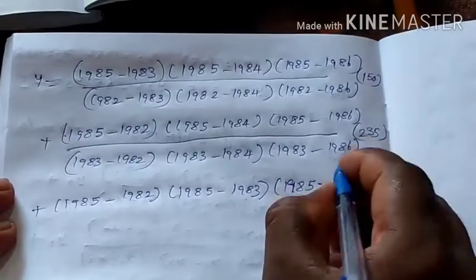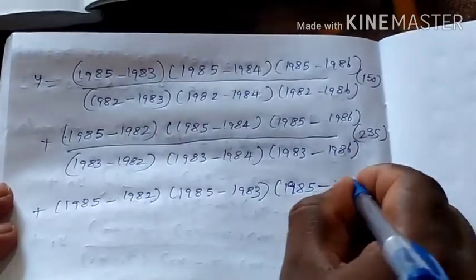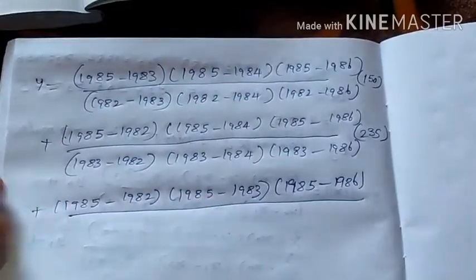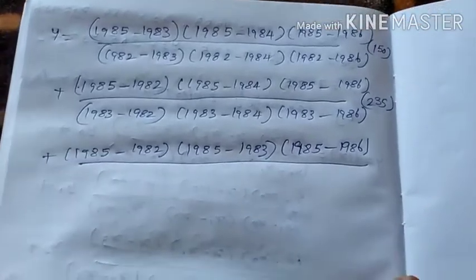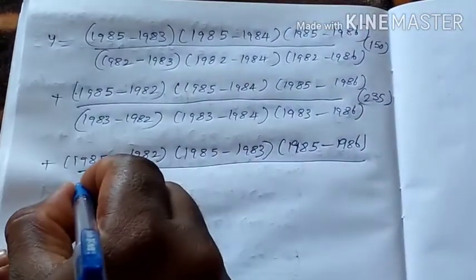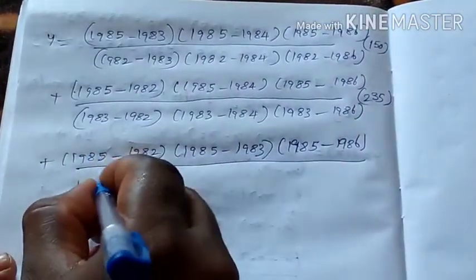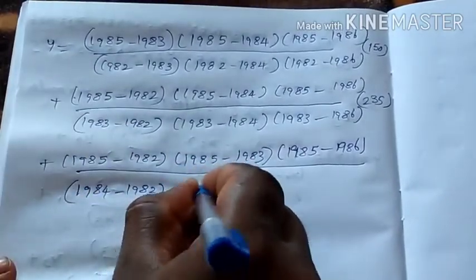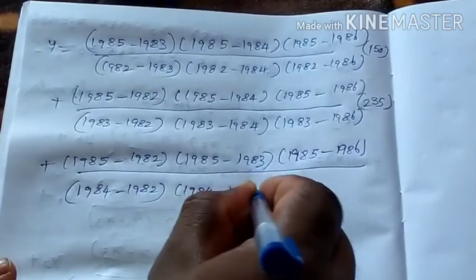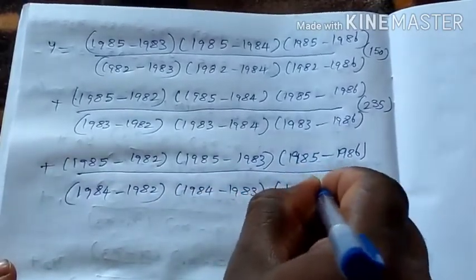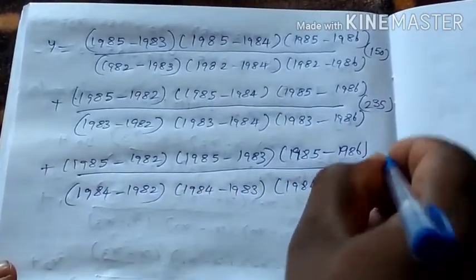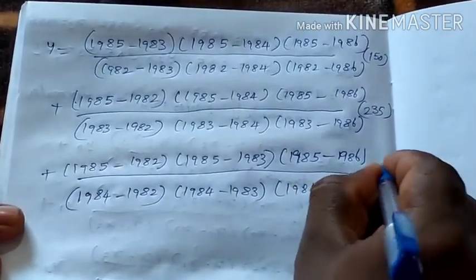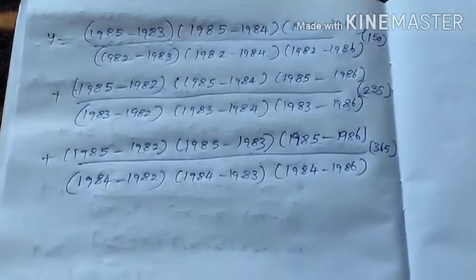Plus (1985 minus 1982)(1985 minus 1983)(1985 minus 1986), with 1984 missing in the numerator. Then the denominator is (1984 minus 1982)(1984 minus 1983)(1984 minus 1986), into y2 value 365.